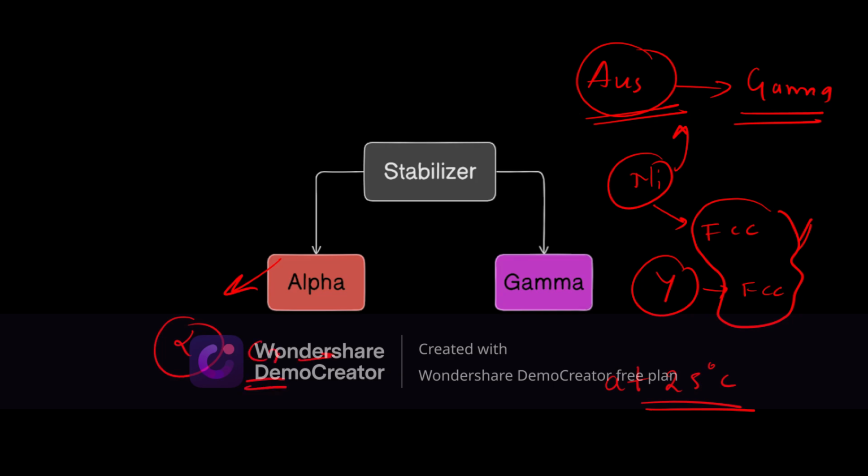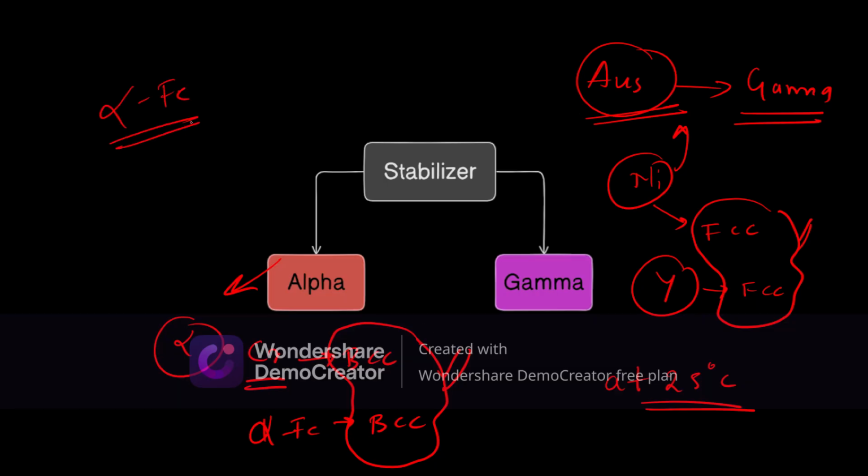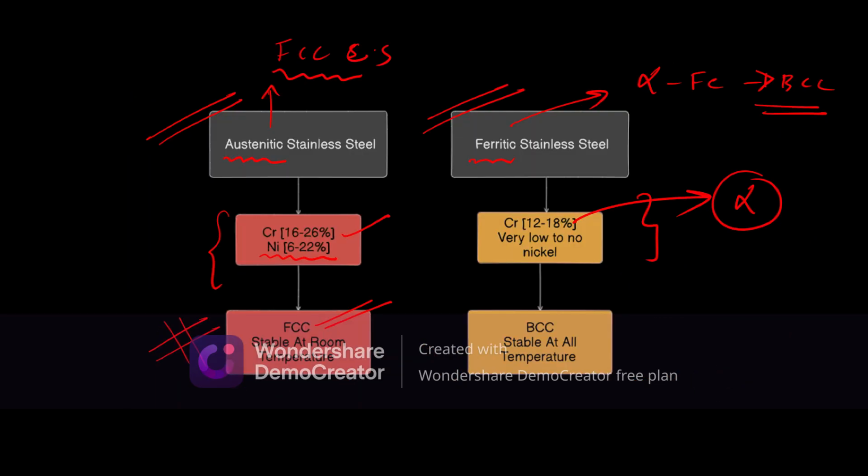Chromium has a BCC crystal structure, and alpha iron is also BCC. So both form a solid solution, and that solid solution stabilizes the alpha iron at all temperatures. That's why ferritic stainless steel is also stable at all temperatures, and austenitic is stable at room temperature. That's the reason for the stabilization. Here the reason is the gamma stabilizer, and here the reason is the alpha stabilizer.